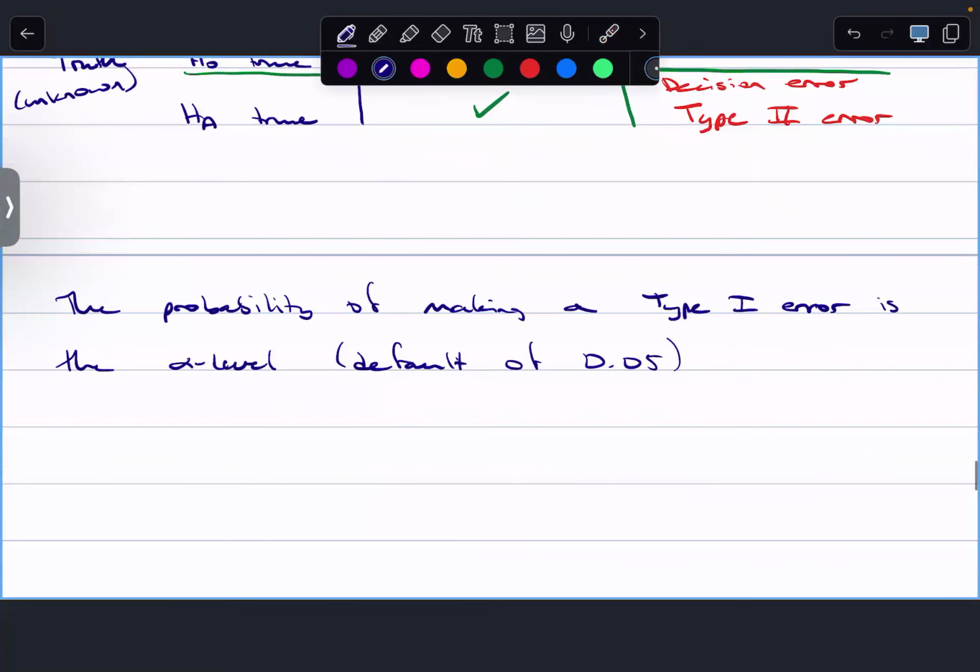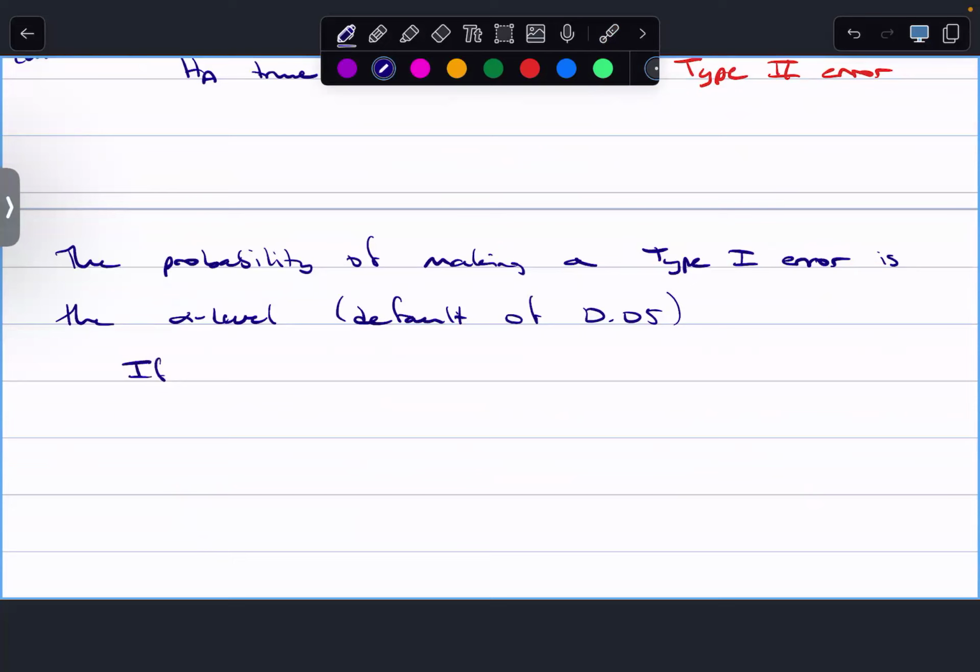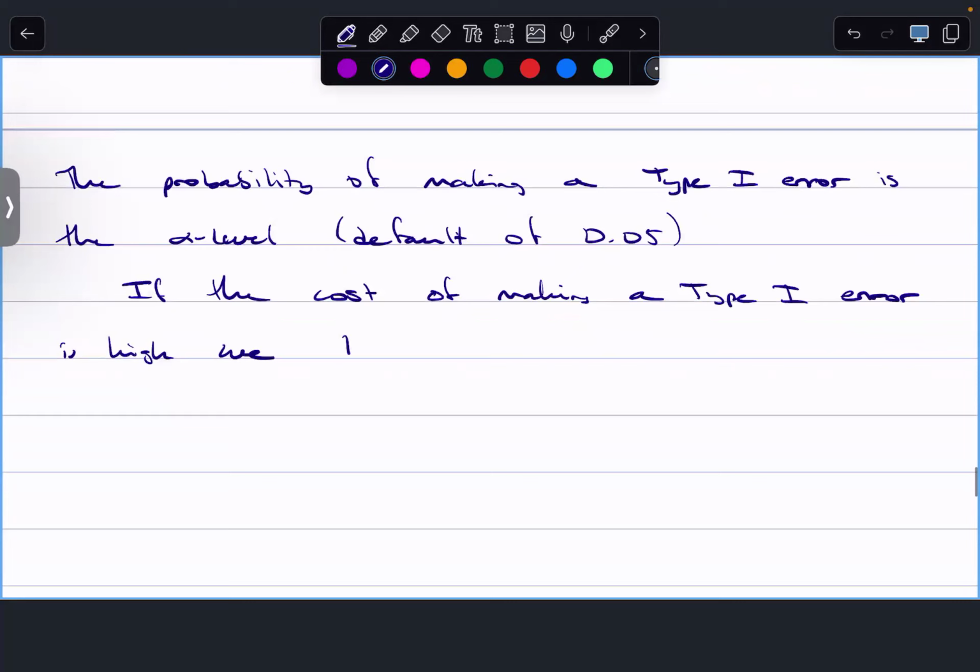And so if the cost is financial or time or even emotional or kind of population cost, so if the cost of making a type 1 error is high, we decrease the alpha level, right?